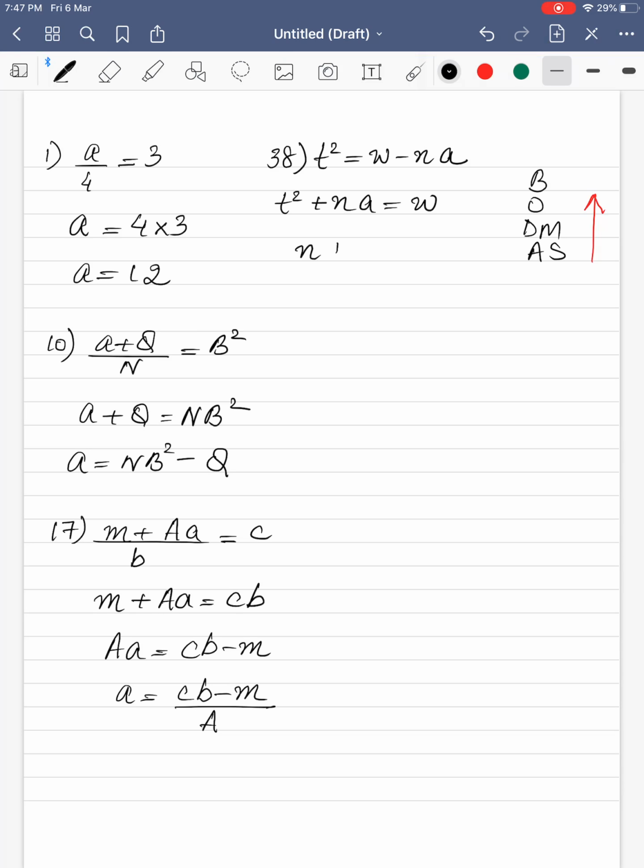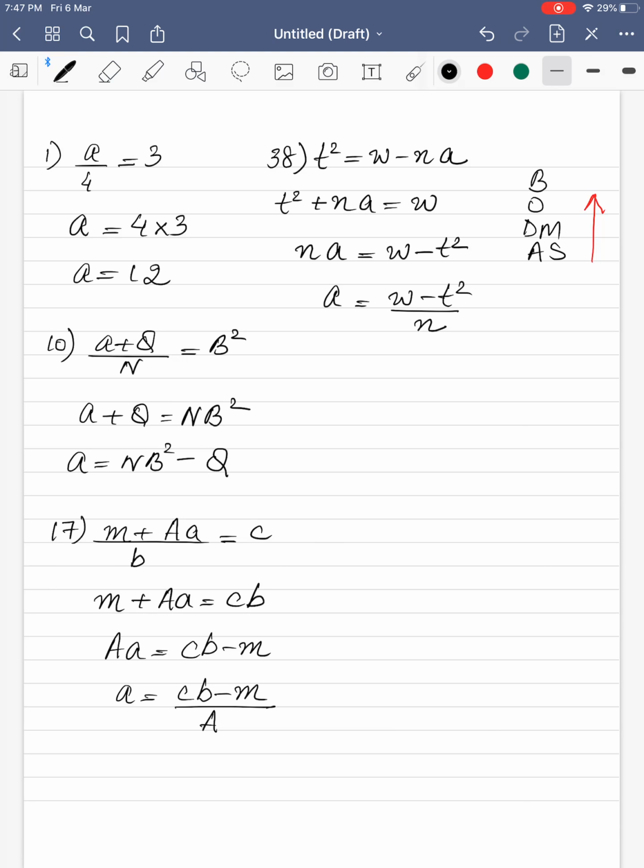Then we can take the t square on the other side. Since it's being added here, it will subtract on the other side, and then a is equal to w minus t square, divided by n, will be our final answer. Since n was multiplied, it divides when it goes to the other side.